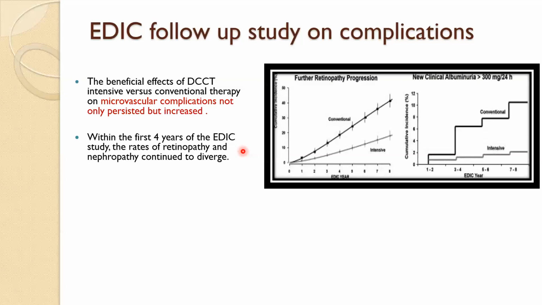What they observed was that in the conventional group, even after taking them to the intensive therapy and having the HbA1c come down to 8%, they continued having progression in retinopathy and nephropathy.